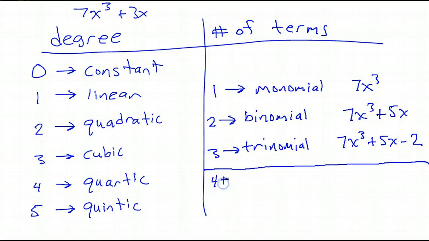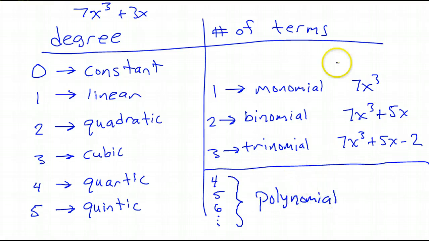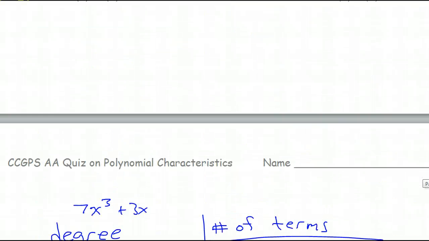So if we have 4 terms, 5 terms, 6 terms, etc., we just go with polynomial. Okay, they're all polynomials, but we just give up on the special names after 3 terms. Okay, so that's a review of the naming system.